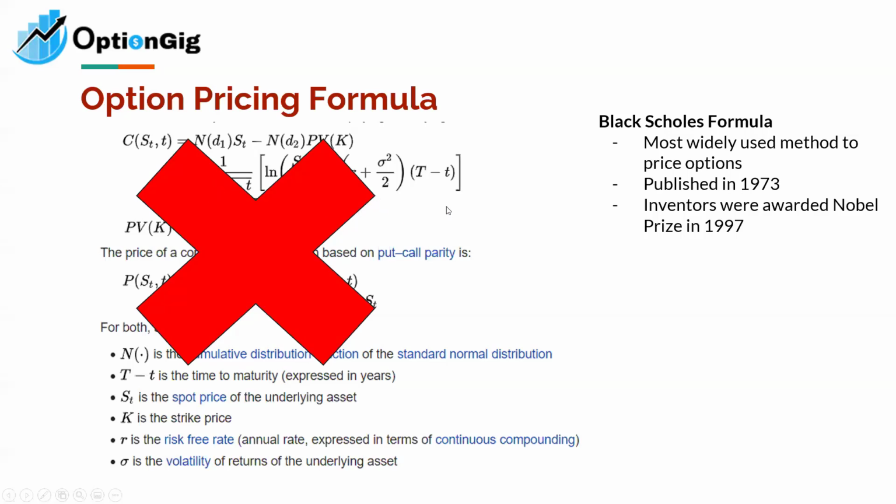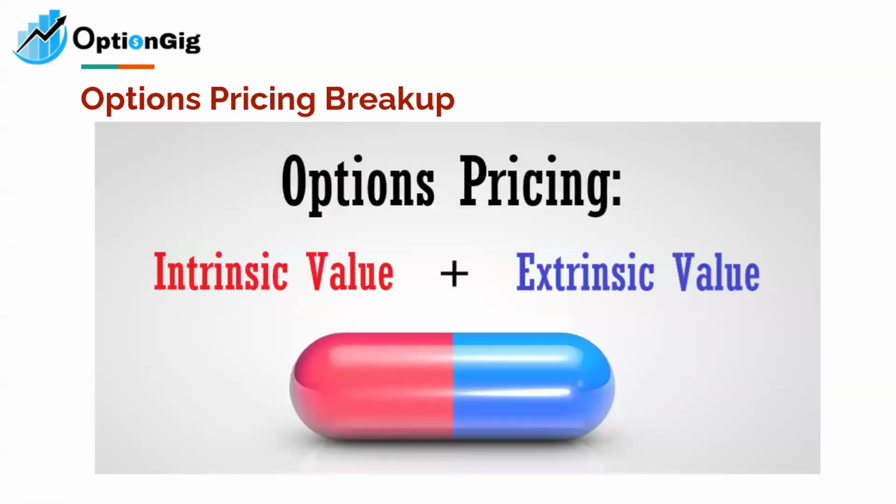So if we don't have to understand this, what do we need to focus on? First of all, how the option price is broken up. What are the different categories? At a higher level, the price of the option.